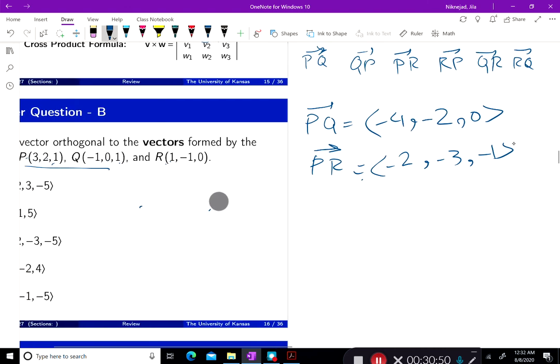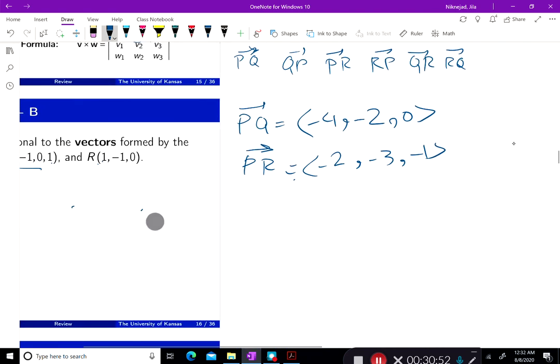So you found two vectors there. Now the property of cross product is that the output vector is perpendicular to the inputs. So cross the two of them together to get the perpendicular vector.